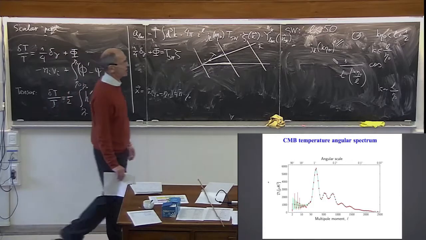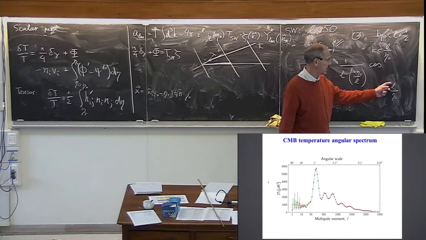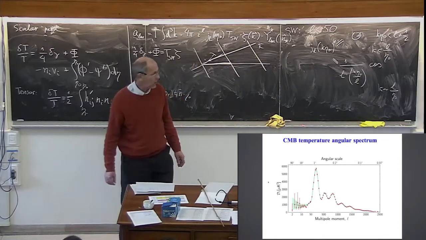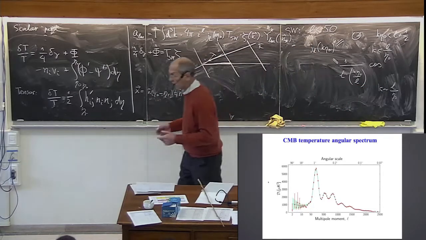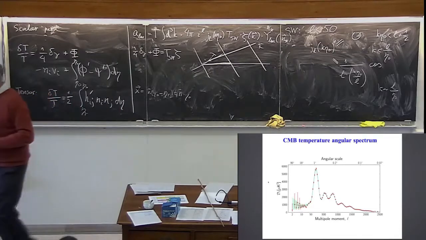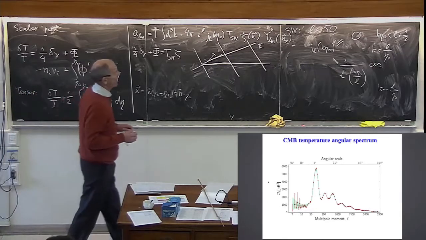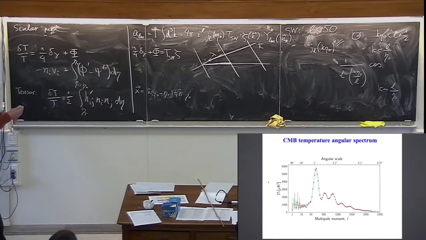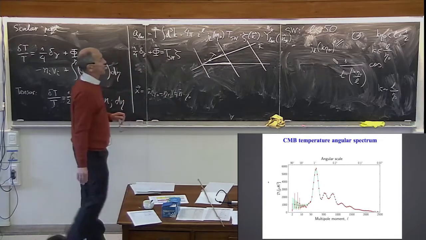So that's the origin of my claim that once you consider the multipoles L, then you're probing wavelengths of this order, which is natural. It's just the angle at which you see a given wavelength. If it's perpendicular, it's so; if it's not, then it's not. But there are shorter modes that contribute, but their contribution drops down essentially because you have less and less phase space here.